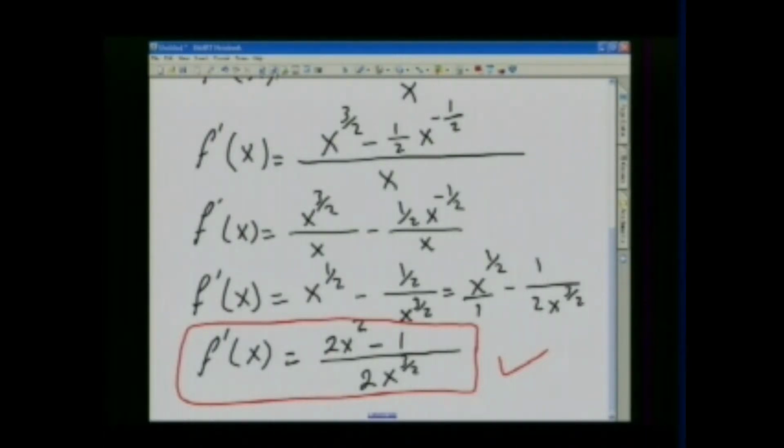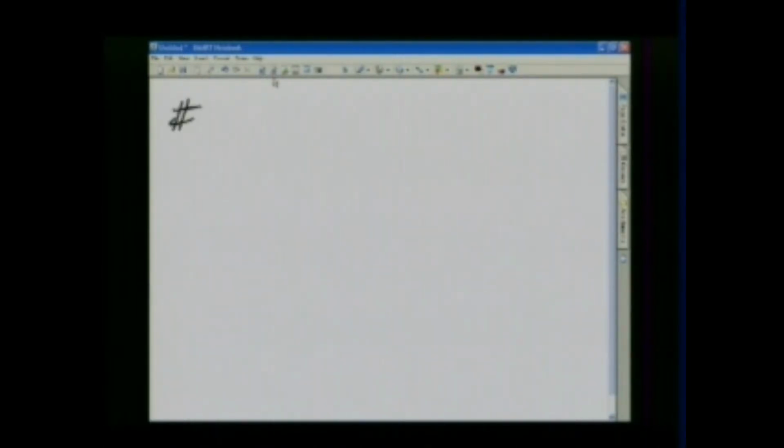Next, problem number 42. Number 42, it says find the slope and equation of the tangent line to the graph of the function f at this specific point. Again, the slope of the tangent line first is the derivative of the function at that x value, which in this case is equal to 4.